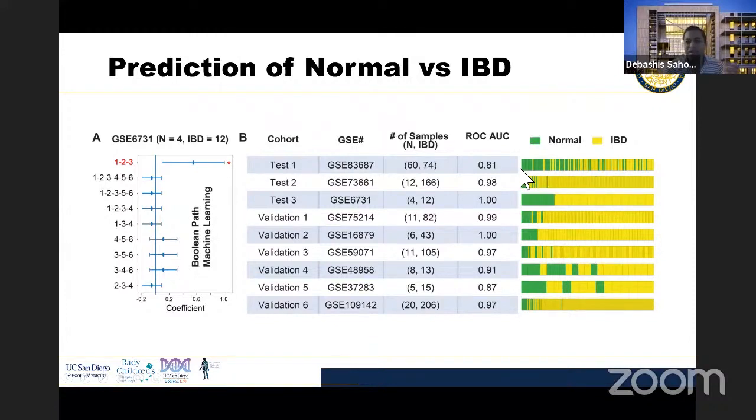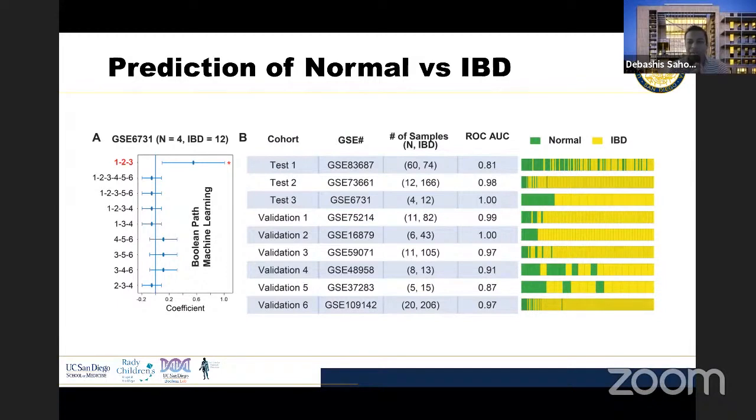It's not perfect, right? You can see there is a mixture of samples, but in most cases you will see the IBD on the right side, normal on the left side, and in the middle there is going to be some mixture.